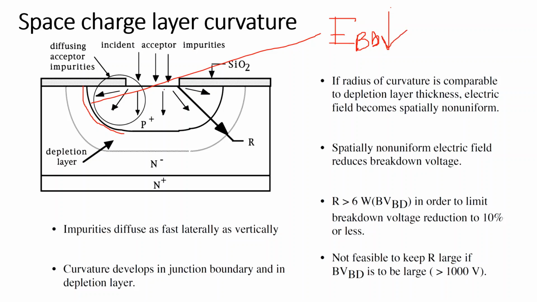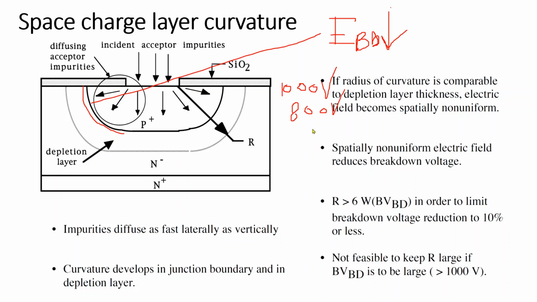Okay, so as a result, if you want to design this device for 1000 volt breakdown capability, this will be reduced to say 800 volts because of this curvature.